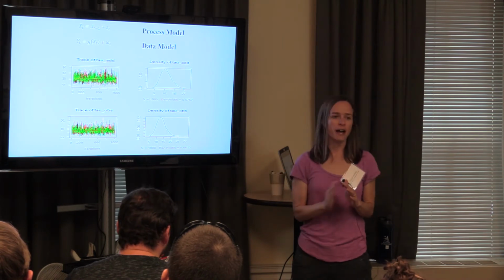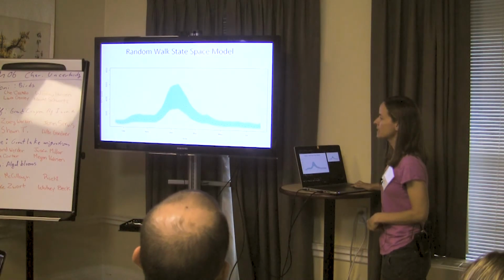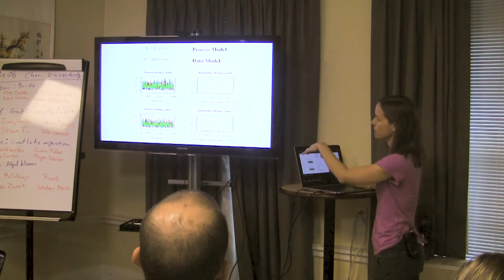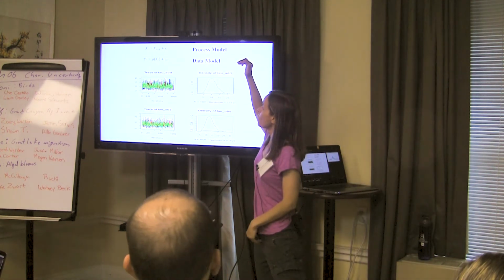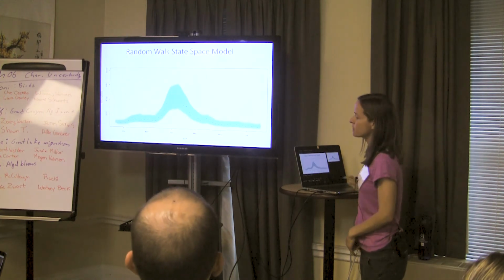In general, if you have any way to constrain, usually observation error, if you know something about how off you might be, and you can constrain observation error, then you can get a better estimate of process error.